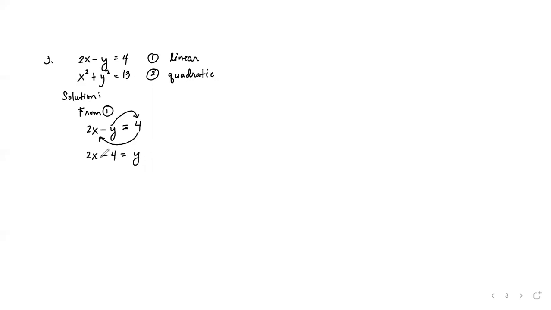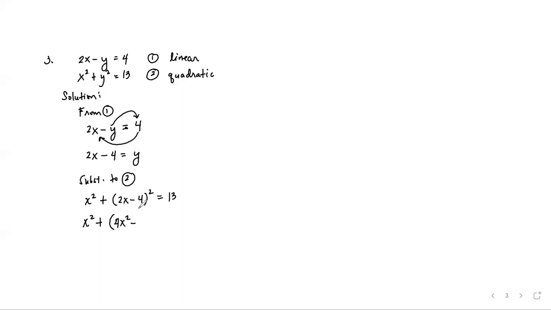And then substituting this to equation number 2, we will be getting x squared plus y squared will be 2x minus 4 quantity squared equals 13. And then we will be expanding this, 2x minus 4. So that will give us 2x quantity squared, which is 4x squared.